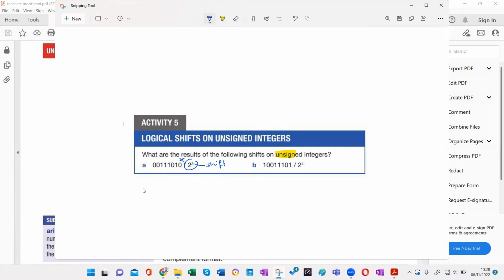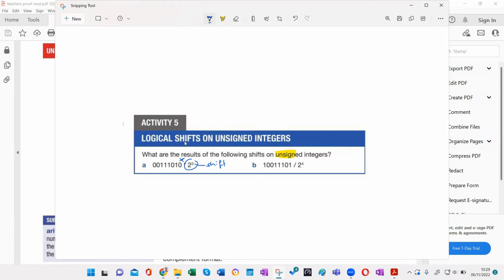So can you tell me how many places we are going to shift this? So 3 places. Good. 3 places because it's 2 to the power 3. Okay.